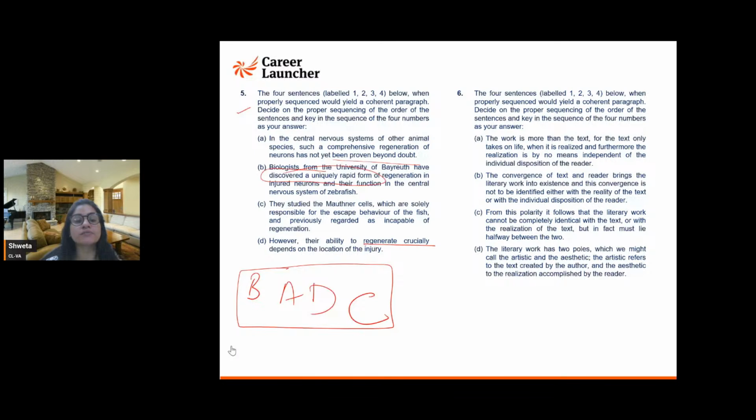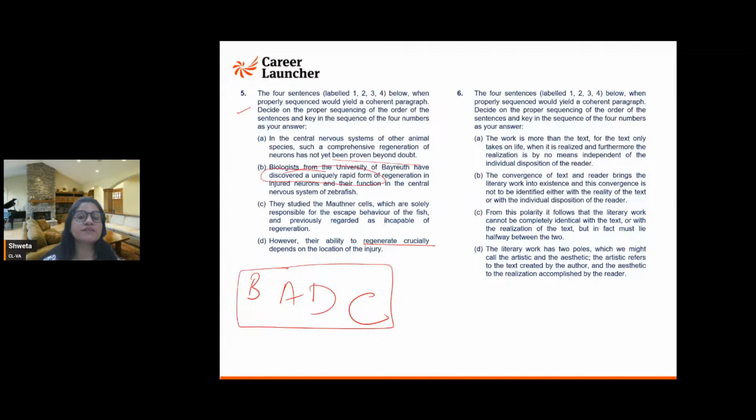What sequence did you find? Yeah, so BCDA is what you found.